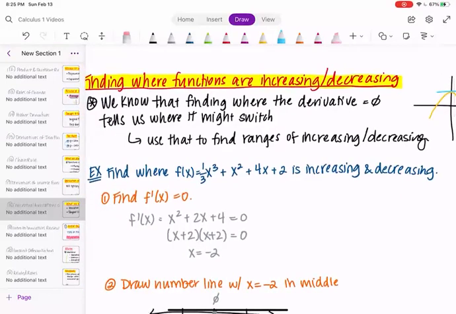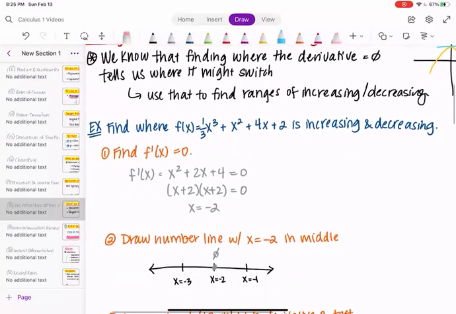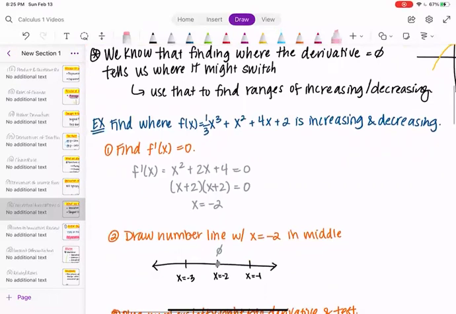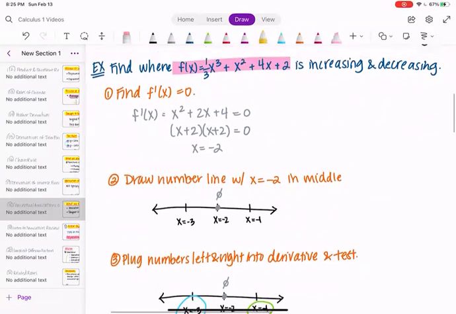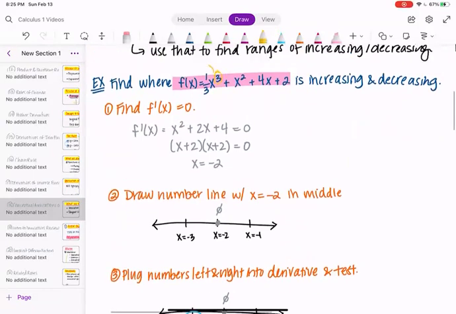So I was given a function, and that is the function right here. And I want to know where it's increasing or decreasing. So the first step is to find the derivative. Working through it really quickly, we'll do that -1, this -1, -1, and x to the 0, -1.